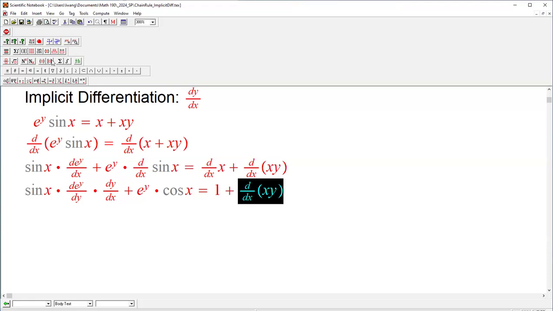Product rule. So it's going to generate 2 terms. Differentiating x, so this is 1 times y plus, okay, x multiply and differentiating with respect to x right there.